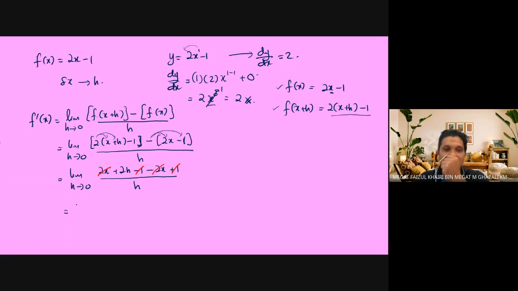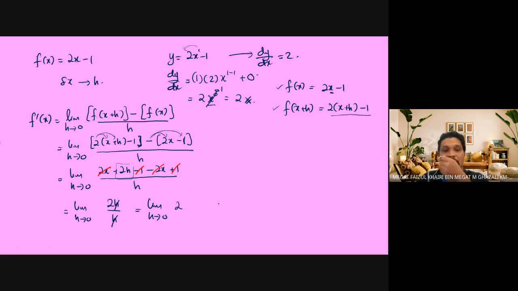Okay, so what's left here now? Limit of h approaching to 0. There's only one term left here, 2h. So 2h divided by h, and h divided by itself equals 1. So then limit of h approaching to 0, only 2 left here now.